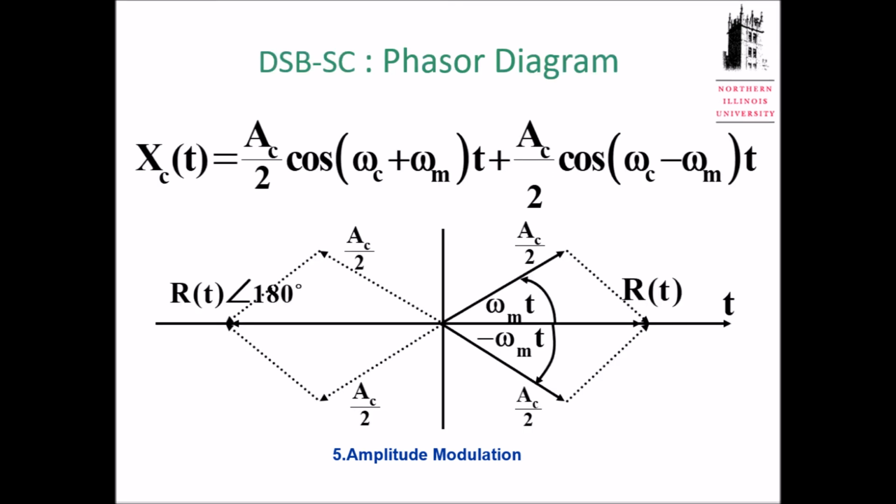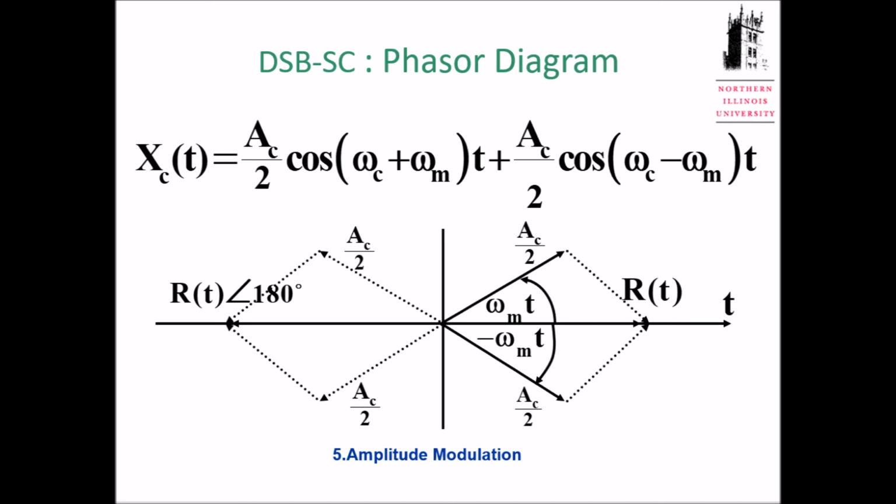So if I can write down my signal in this format, right? Two cosine multiplication, we have cosine of one angle plus another, and one angle minus another. So I have 2 phasors: this is omega c plus omega m, and this is omega c minus omega m.